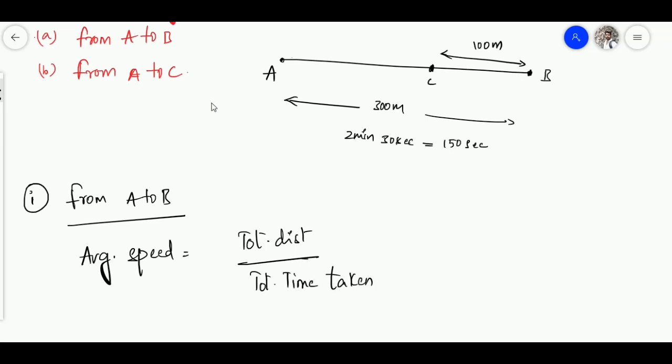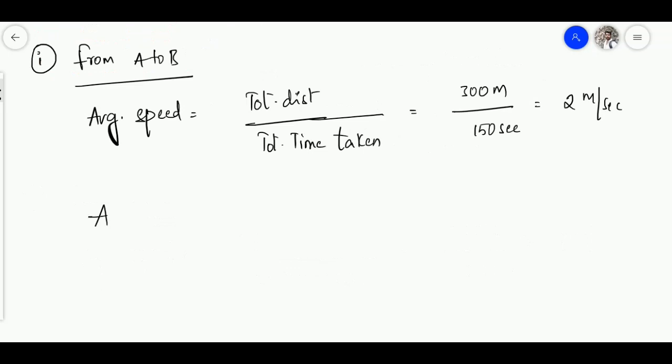So the total distance from A to B is 300 meters. And what was the total time taken? 150 seconds. That is 2 meters per second. That's so easy. And coming to the average velocity calculation, there is no initial velocity or final velocity given. So that's why we have to go with the basic formula.